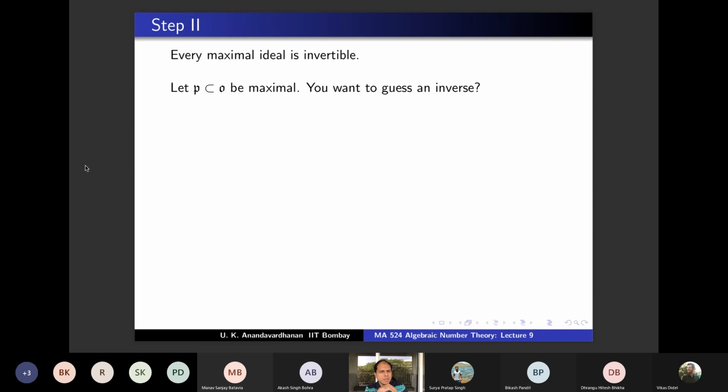You want to guess an inverse? In fact, for any ideal, I could have asked you to guess an inverse. Your guess may be correct, may not be correct, but no harm in guessing, no? Okay, at least guess the notation for the inverse. Forget the R colon P maybe.